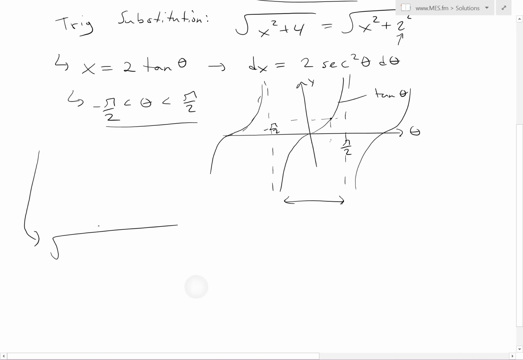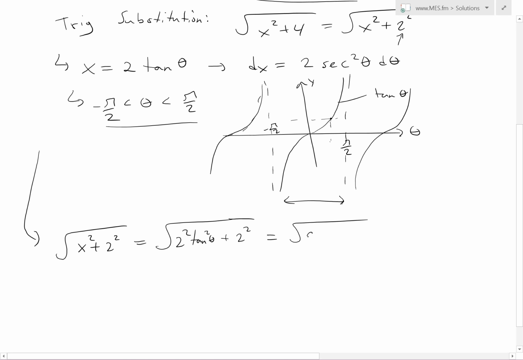now if we get down to this, just plug it in. We have x squared plus 2 squared. Plug in the x, which is 2 squared tan squared theta, plus 2 squared. Take the 2 squared out by factoring: this becomes 2 squared times tan squared theta plus 1.